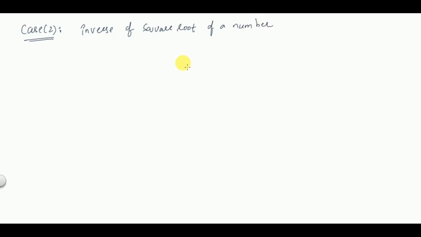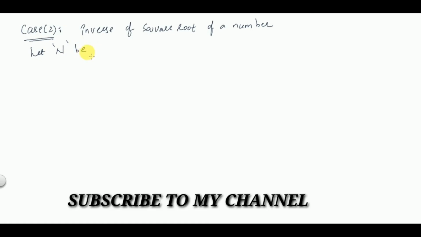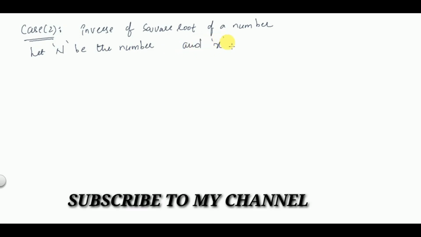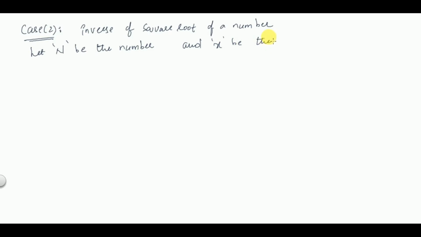Let n be the number for which we want to find the inverse of the square root, and let x be the inverse of the square root of n.